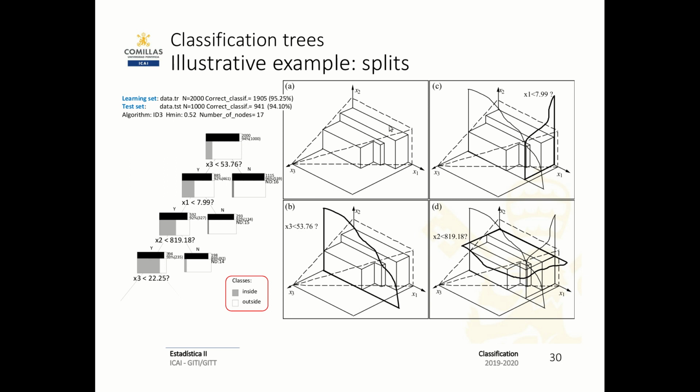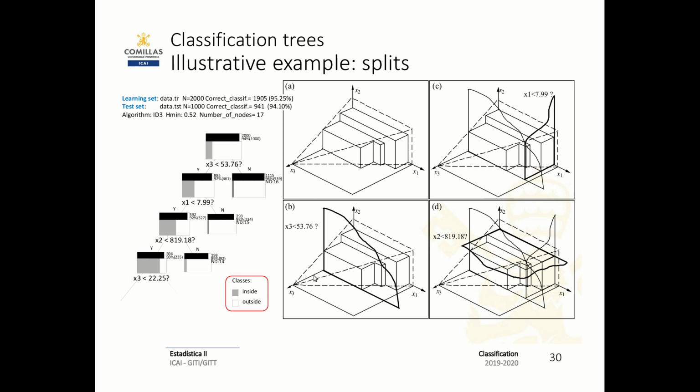One of the splits is x3 smaller than 53. If it is larger than 53, then it will not be further subdivided, and it will directly assign an outside label.